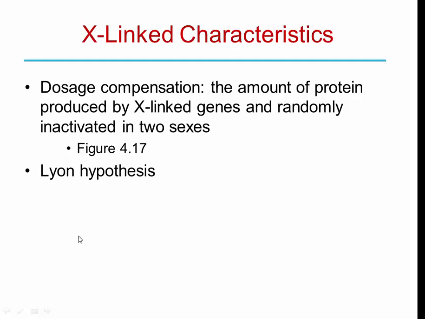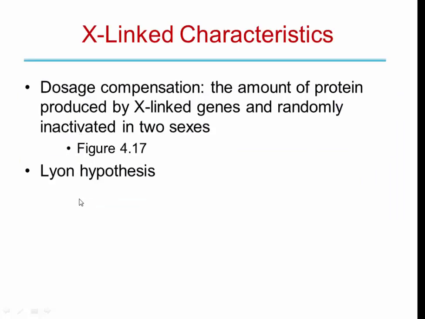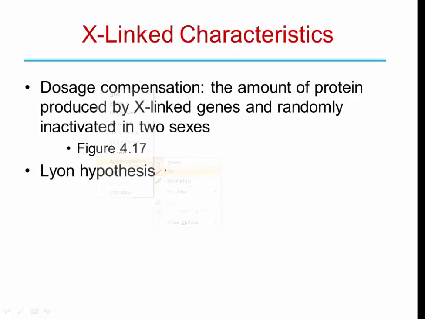All right, a little bit more about X-linked chromosomes. So this is something called dosage compensation. And the idea is that there's a lot of genes on the X chromosome.